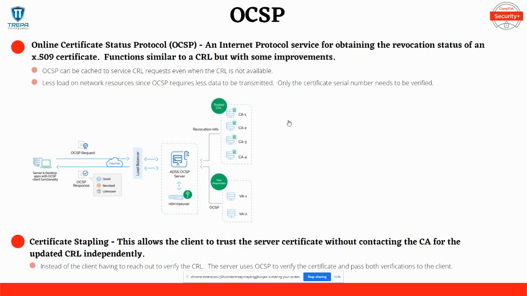The CRL stands for Certificate Revocation List. And this is a server or service that will have a list of all the bad or expired certs. OCSP does the same thing, but it's less resource intensive than a CRL.